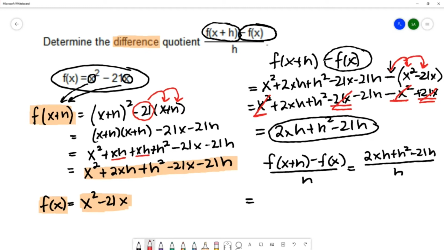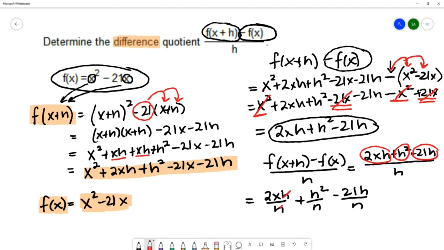We have 3 terms in the numerator. So what I'm going to do is distribute my division into 3 fractions. That's 2xh over h plus h squared over h minus 21h over h.